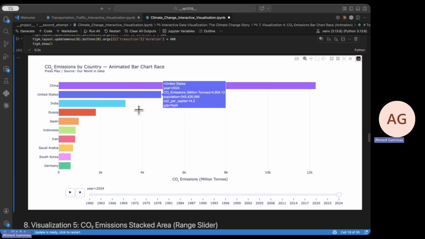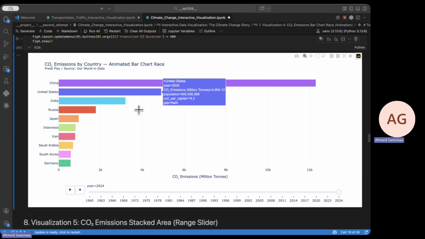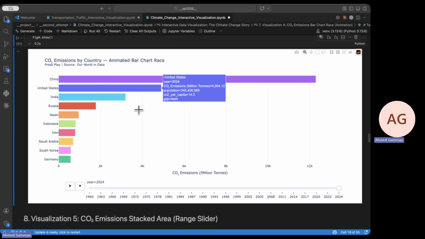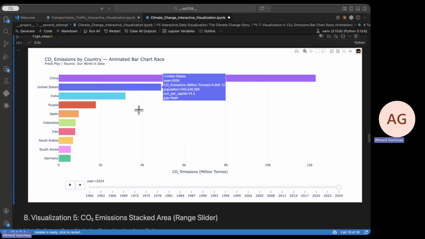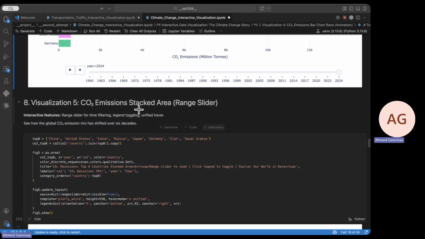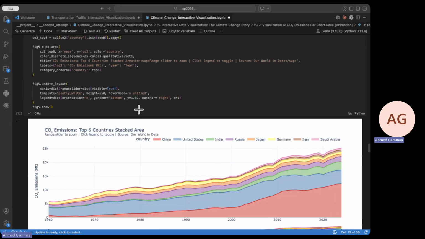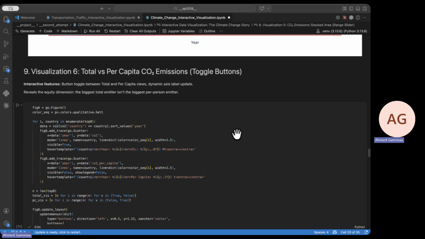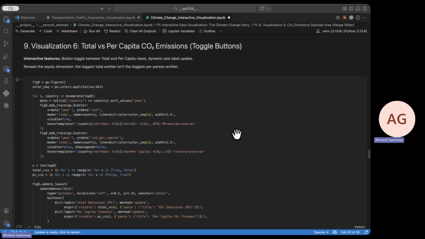Let's go for the next one. Okay, yeah. This is the total versus per capita CO2 emissions.